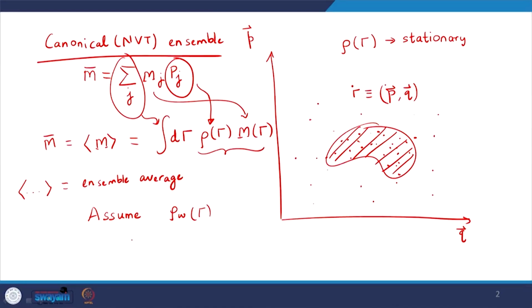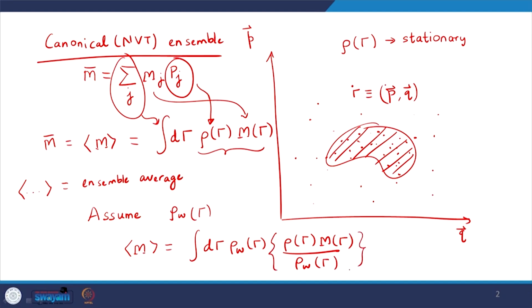Then I will compute the average of m as the integral of d gamma rho_w(gamma) times [rho(gamma) m(gamma) / rho_w(gamma)]. Effectively, what we would be doing in that case is generating points with this distribution.